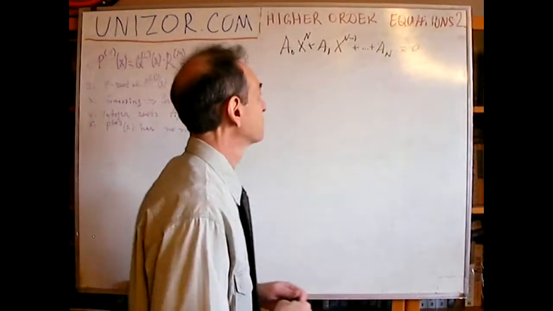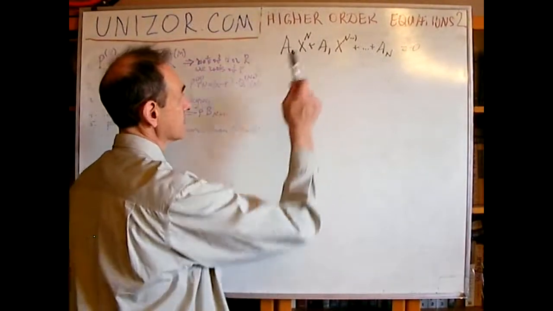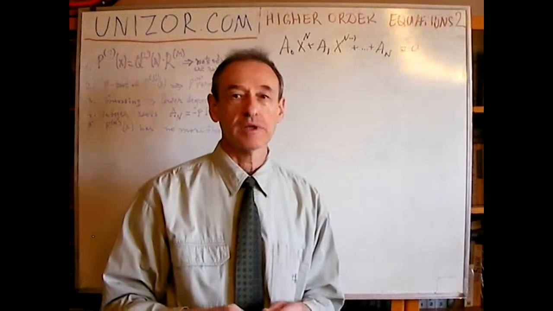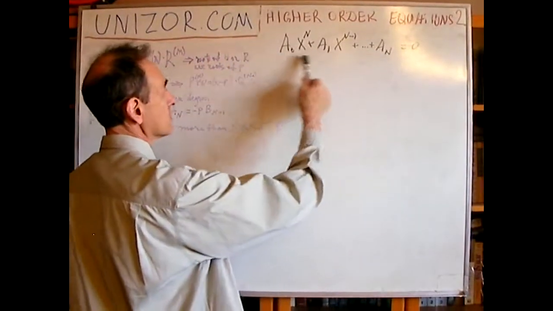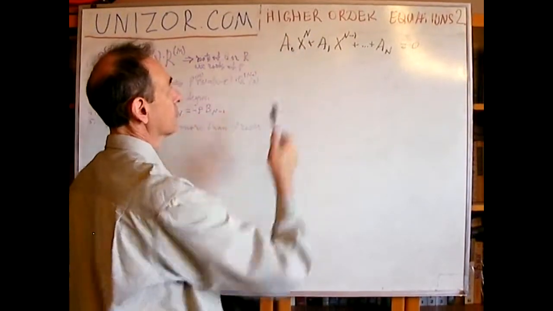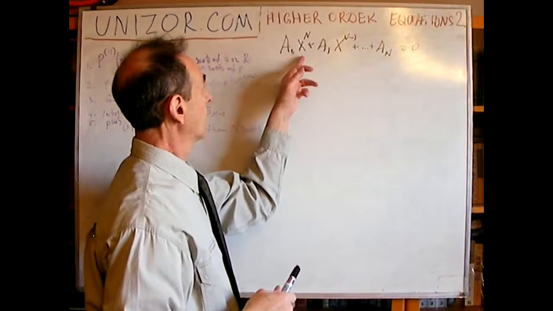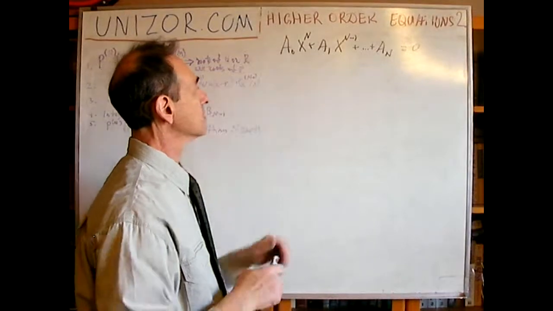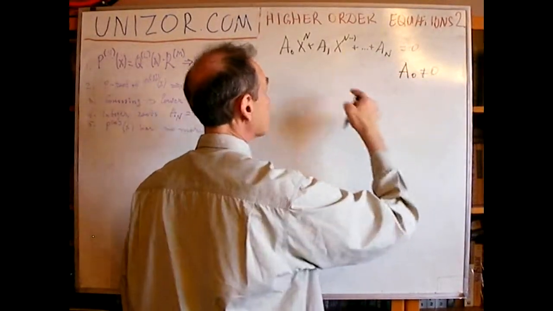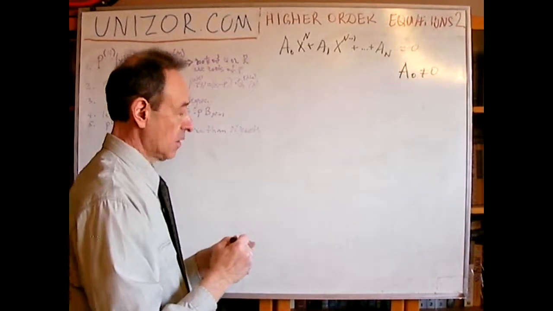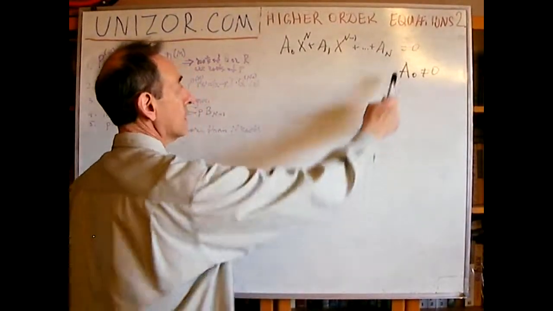Alright, so this is a generalized polynomial equation of the nth degree. It's a polynomial, and nth degree because the coefficient at x to the nth power, a0, is not equal to 0. So it's a true nth degree polynomial, and it's equal to 0.